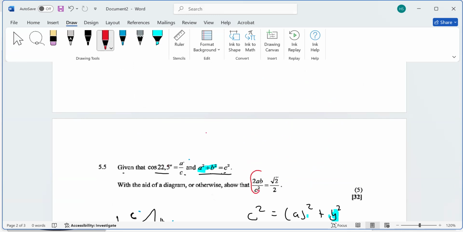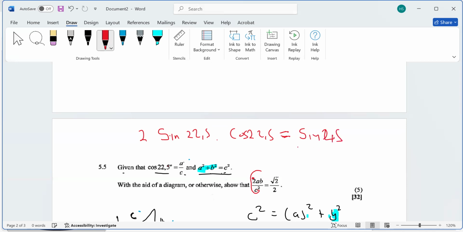We can write it this way just to show how we ended up with the answer. We have 2 multiplied by sine of 22,5 multiplied by cos of 22,5, which is equal to sine of 45.